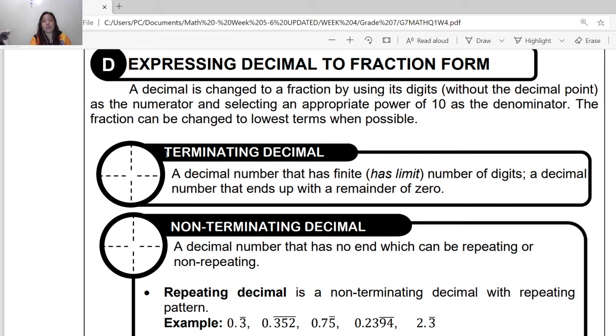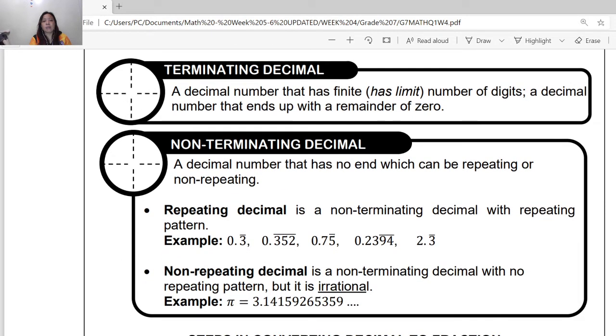So under decimal, we have terminating decimal, a decimal number that has a finite number of digits. Okay, so that is terminating decimal, a decimal number that has limited digits, or a decimal number that ends up with a remainder of 0.